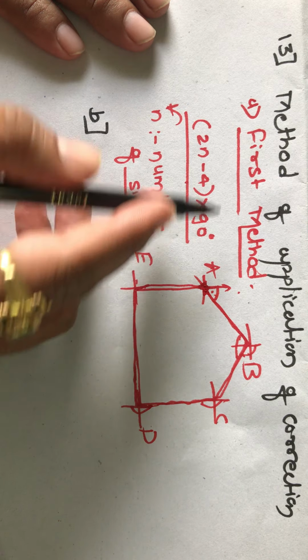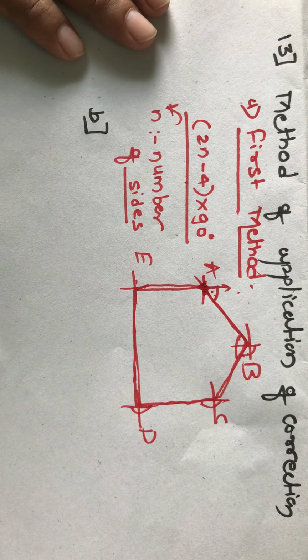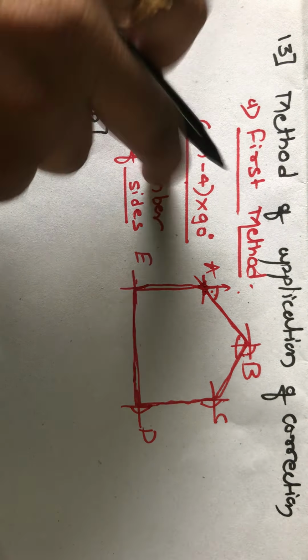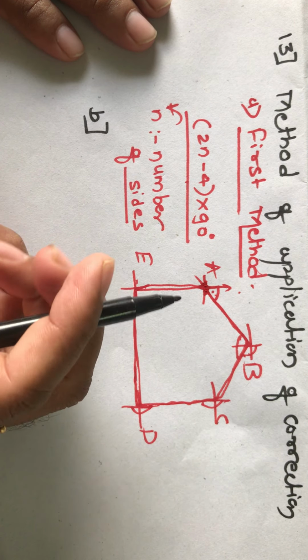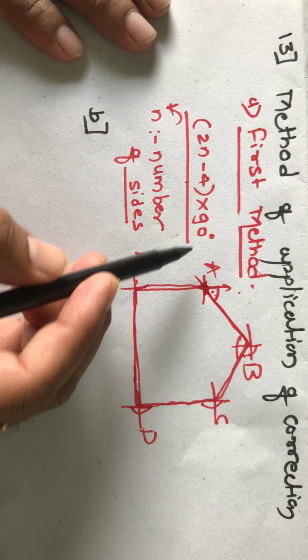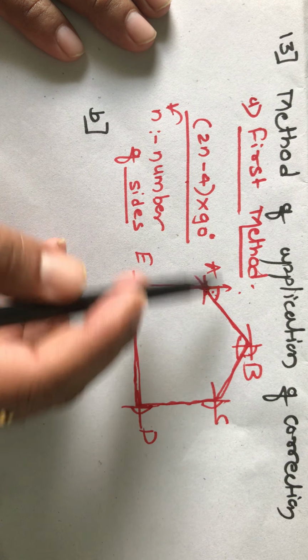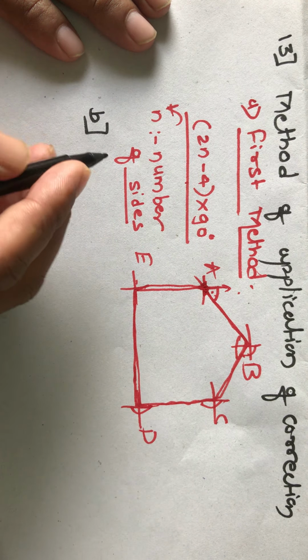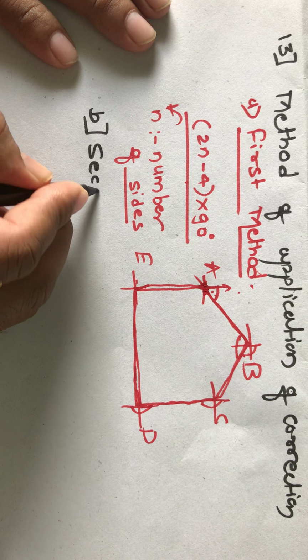Now the next is the second method. In the first method, if there is an open traverse, we cannot do this check, because in compass traversing we have two types: open traverse and closed traverse. In the open traverse we cannot have the check as per the first method. So now we have the second method.